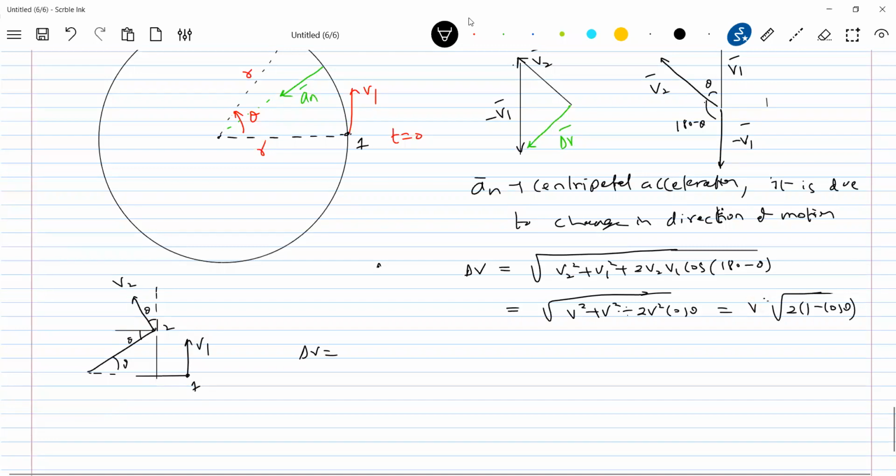And this will be only V into the root of 2 sine square theta by 2. Sine square theta, can I write it as 1 minus cos 2 theta by 2?